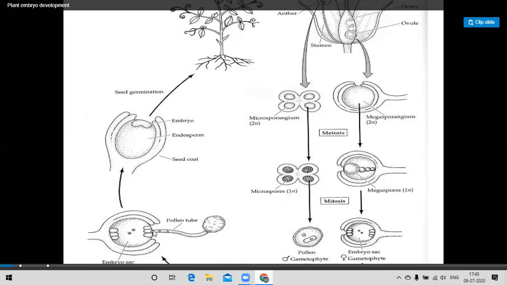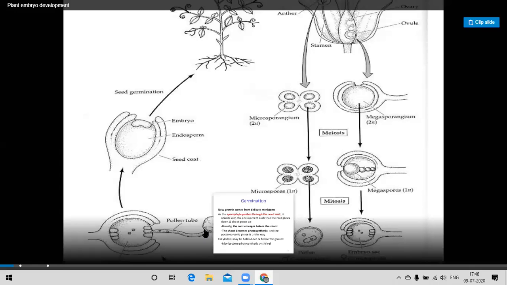That pollen tube regenerates and develops like this. This structure consists of both the nuclei, the generative cells, and the bipolar nucleus, which means it consists of the genetic material for the cell.